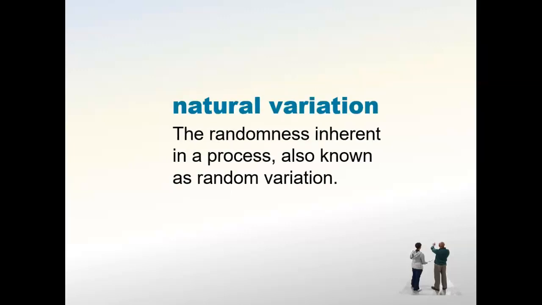Now, natural variation, sometimes considered a random variation in a process, is a variability that cannot be avoided. So in the previous slide, we referenced a board game or puzzles. The random differences in the thickness of the pieces, which would affect the functionality, are a random or natural variation.